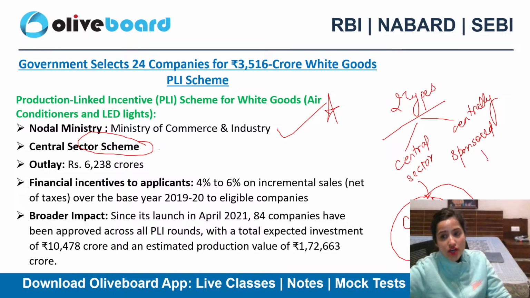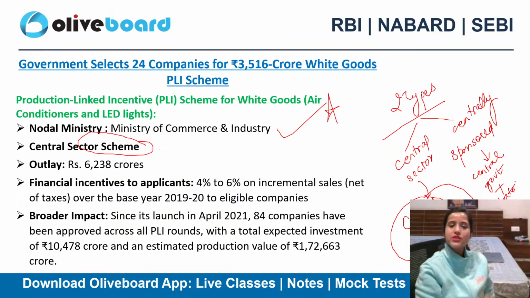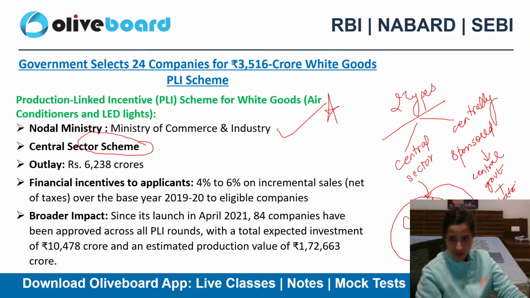And in case of centrally sponsored scheme, central government provides fund, but there is also a contribution of the state government. So this minute difference, you need to know: what is the difference between central sector scheme and centrally sponsored scheme. In case of central sector scheme, the entire fund is given by the central government, and in case of centrally sponsored, the fund is distributed. Central government is sponsoring it, but there is also contribution of the state government.